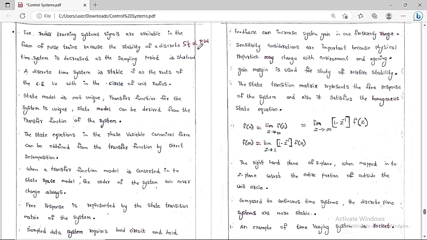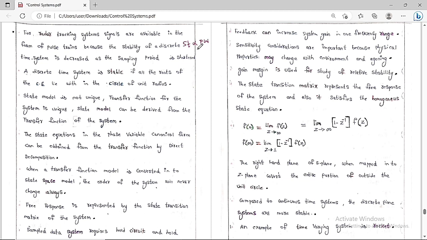And I already told you, in the case of the state space model, the number of state variables is equal to the order of the system. So the order of the system will be the same in both the transfer function model and the state space model.